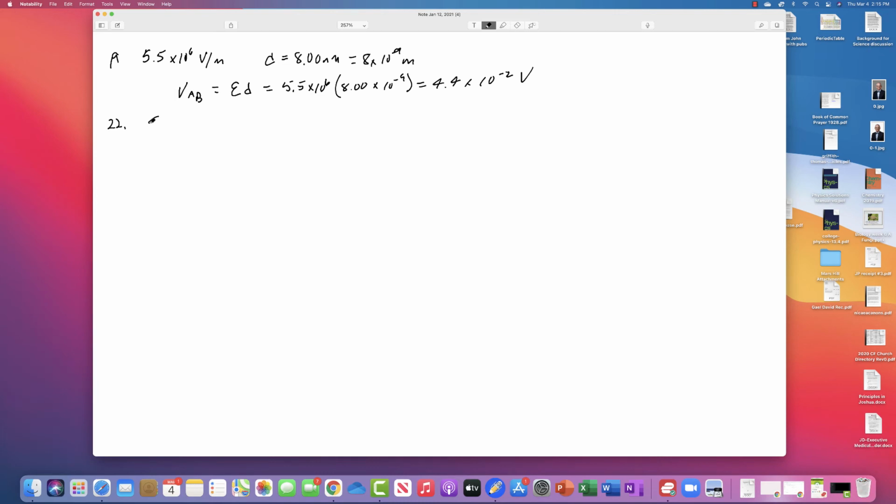So the electric field here is equal to... 22.0 keV, which is equal to 2.2 times 10 to the 4th EV. And the distance we're looking at is 2 centimeters, or 0.02 meters.